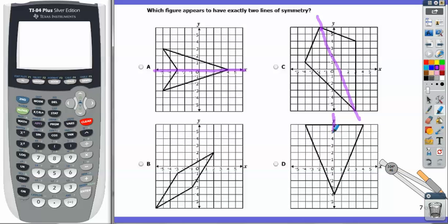This one has one this way, but I can't go this way and I can't go diagonal. This one has one here and one here. So my answer is B. Now, I could draw each one of these on a graph paper and fold them. You guys get unlimited graph paper, so use your resources.